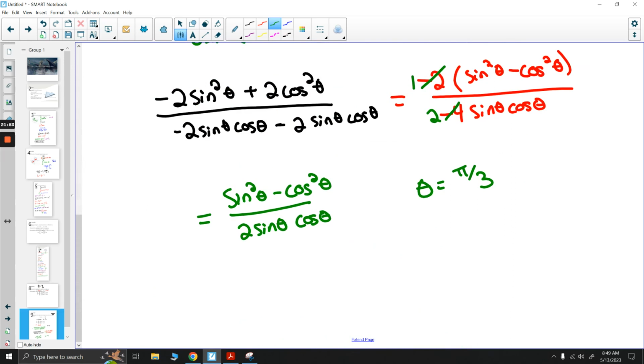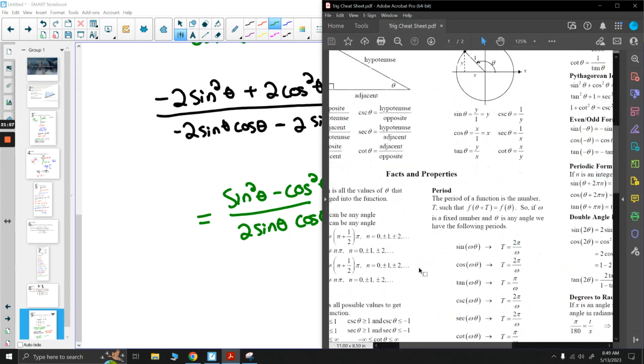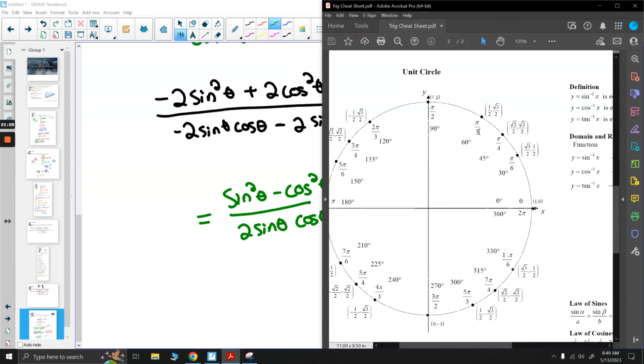As a reminder, if we look at our unit circle, it might be helpful for you to see this since pi thirds is maybe not as obvious to you guys. I feel like sometimes people just jump through it like, oh yeah, it's this and this. And it's like, okay, wait, hold up, let me remember. So we're doing sine squared of pi thirds.